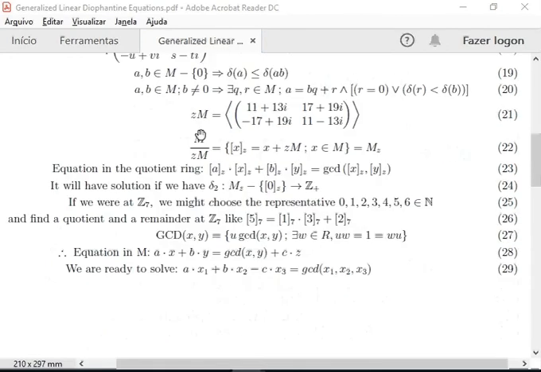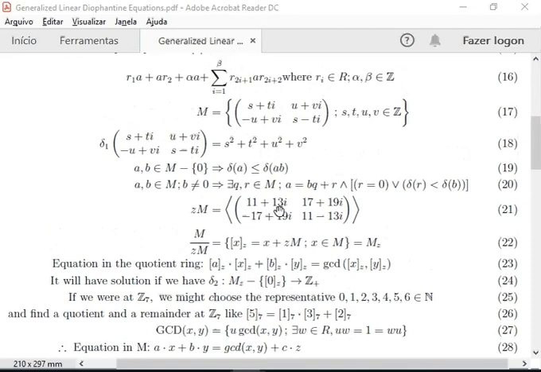Now we're going to ZM. It's Z multiplied by M. A single number z multiplied by the whole M for integers. Multiplied by 11, 13, 17, 14.